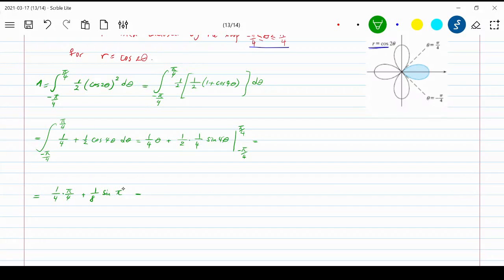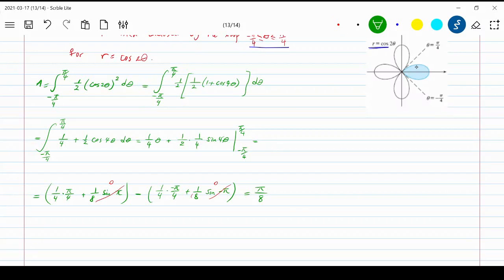And if we replace negative pi over 4, we get 1/4 times negative pi over 4 plus 1 over 8 sine of negative pi. And sine negative pi and sine pi are both 0. And we have pi over 16 minus negative pi over 16, that simplifies to pi over 8.